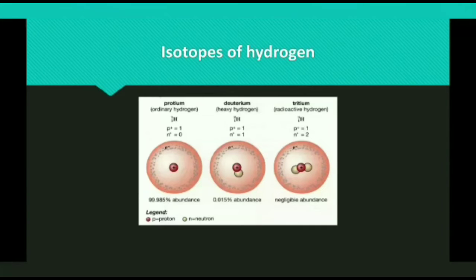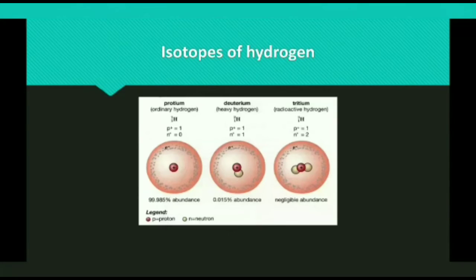How can we calculate? The mass number is 3 and the atomic number is 1. So how can we find out? Mass number minus atomic number: 3 minus 1 is 2. Therefore, the neutron is equal to 2. These are the isotopes of hydrogen.